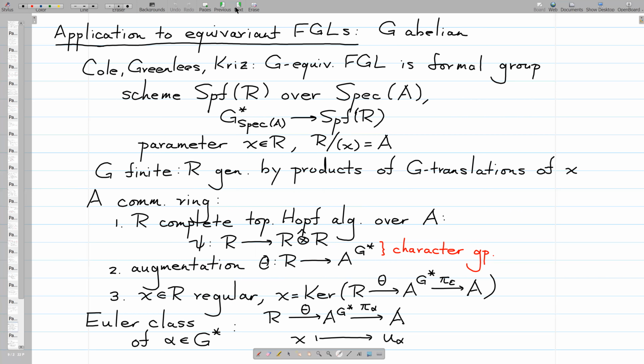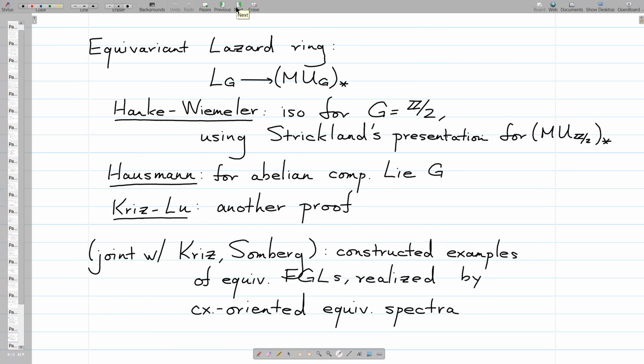The point is that it was proven by Hausmann. Hanke and Wimmer showed that MU_G star for G equal to Z/2 is the Lazard ring, the universal ring for formal group laws for G equal to Z/2. Hausmann actually showed it for all abelian compact Lie groups.